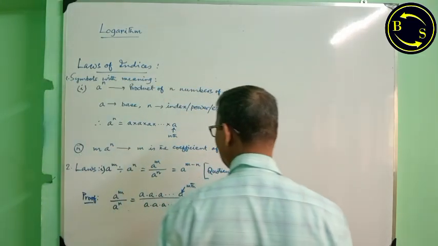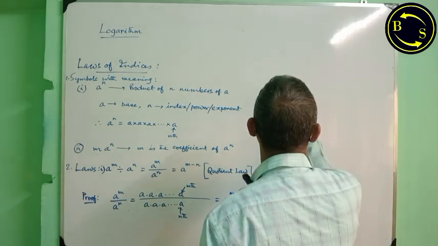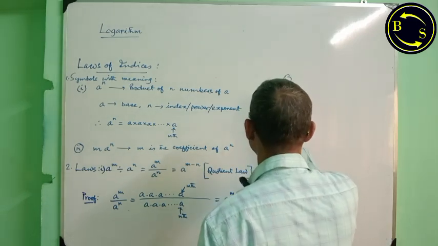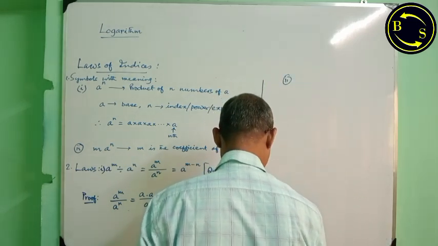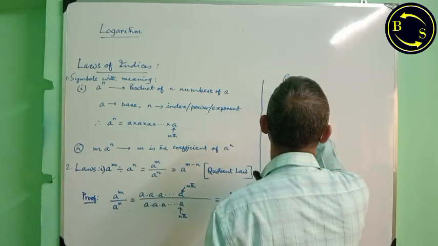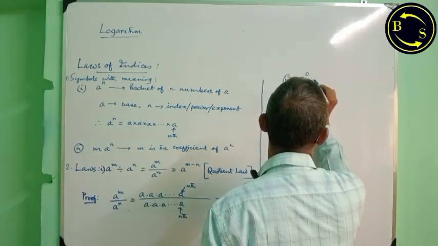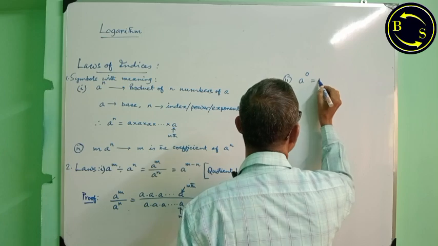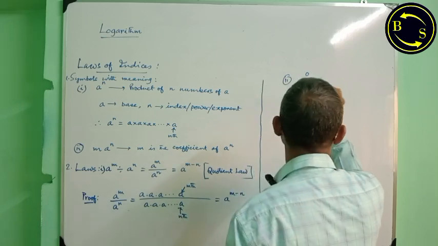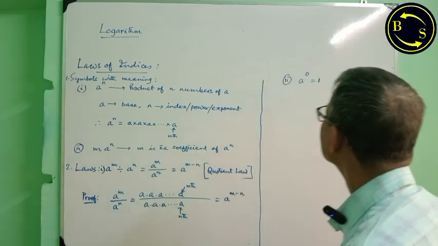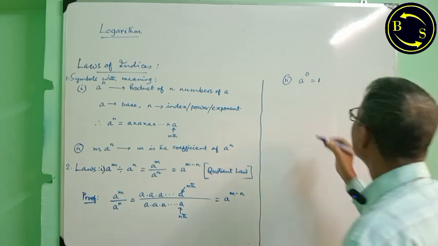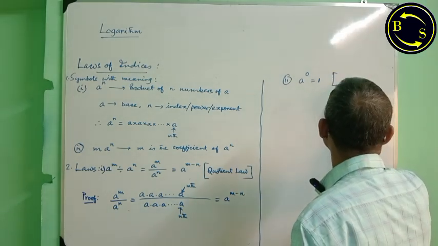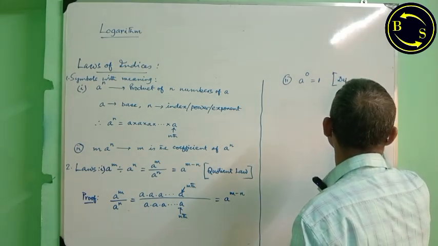Next, number 2, a to the power 0 is equal to 1. That is taken as a definition.